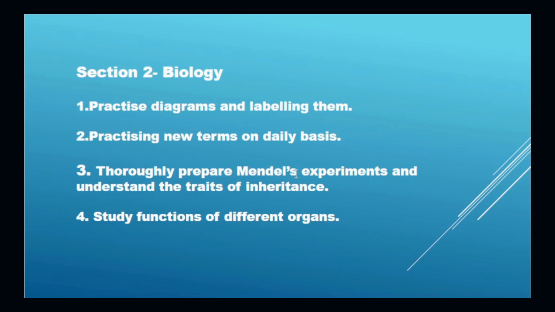You need to be clear how the circulation happens, from where the blood enters and from where it goes out. If you know the function of the liver, heart, lungs, and the whole intestine system, you are good to get a very good amount of marks from this chapter as well. So that was about biology.